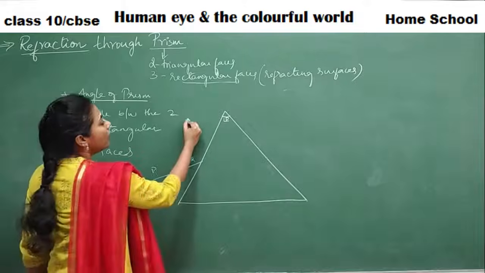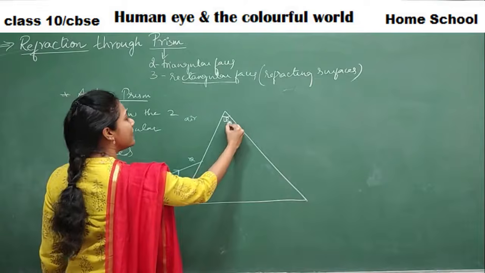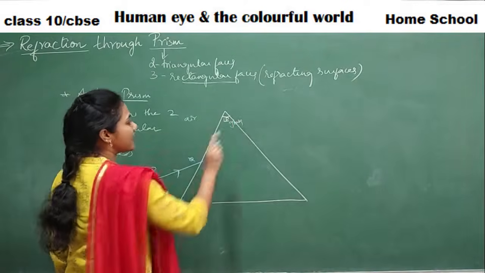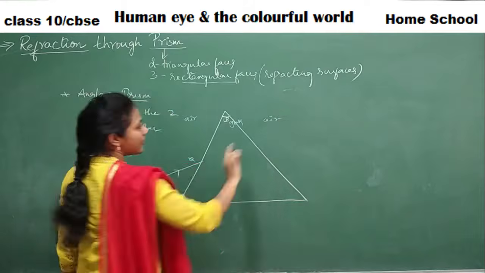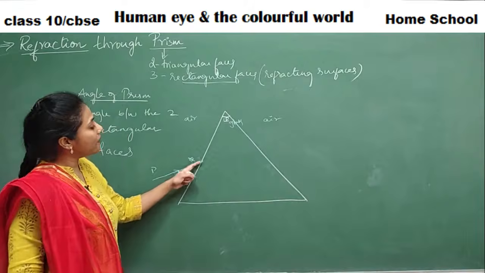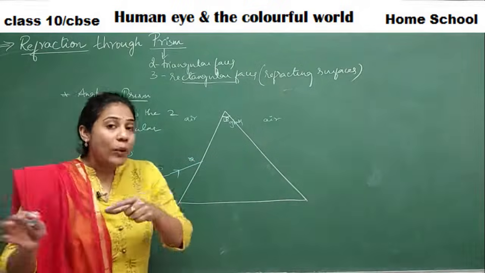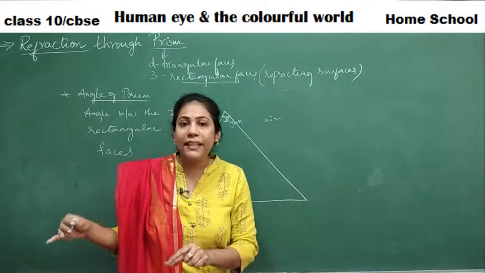Okay, see, we all know this is air. Air is a rarer medium and this prism is glass, right? Glass is a denser medium. Again, outside the prism, this side is air. Air is a rarer medium. So whenever a ray is passing from rarer medium to denser medium, how will the light ray go? It will not go in a straight line. Definitely bending takes place.